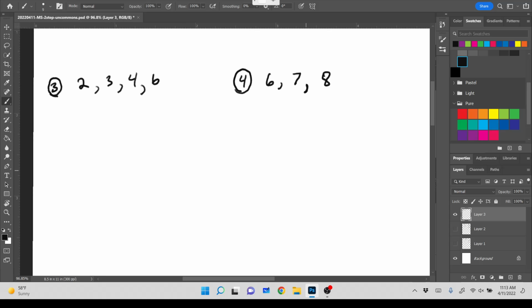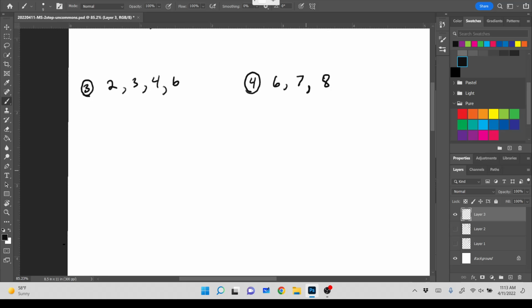Now, the instructions for the second group of problems is going to be solve. Can any of those not have a least common multiple? There is always a possibility for a least common multiple. It might be really big, but there will always be one. That's a great question, actually.